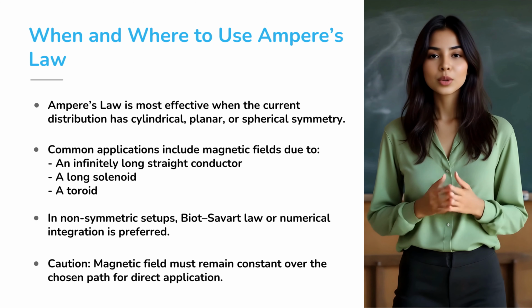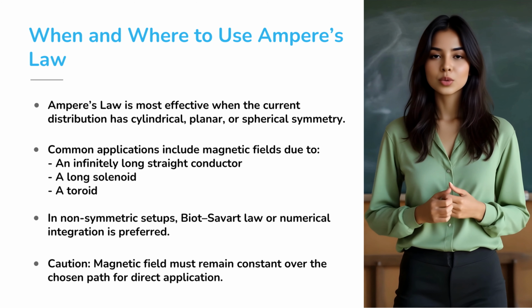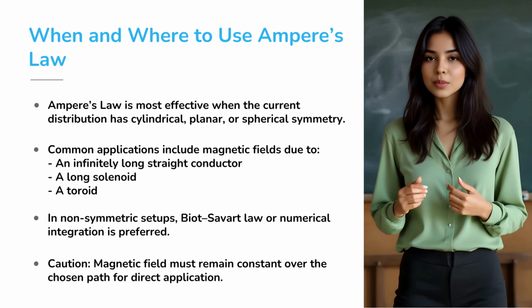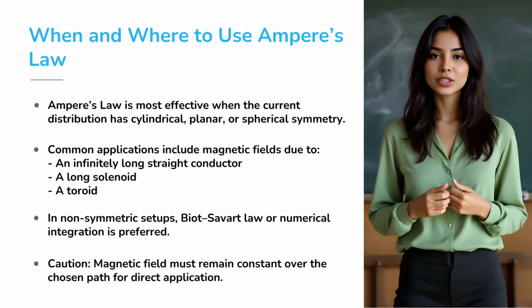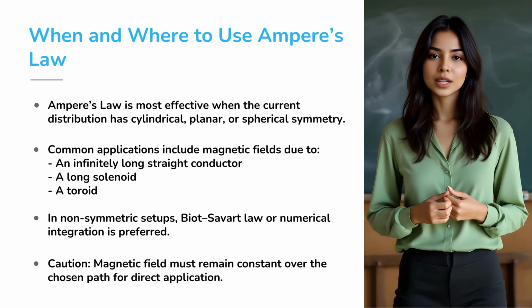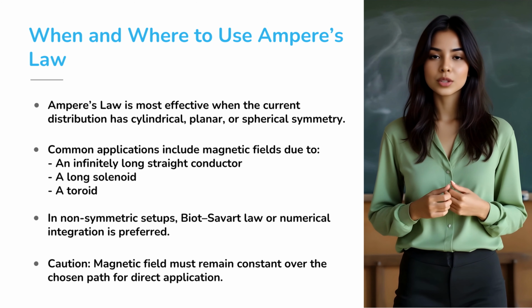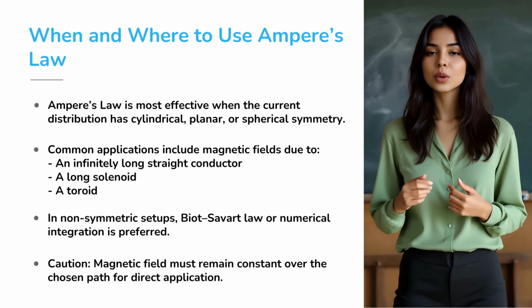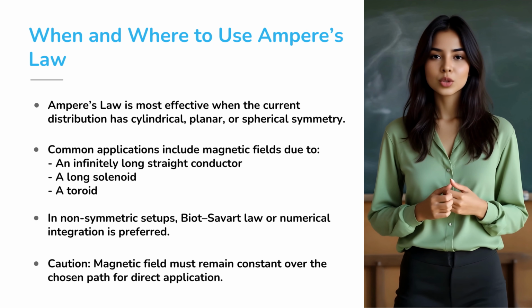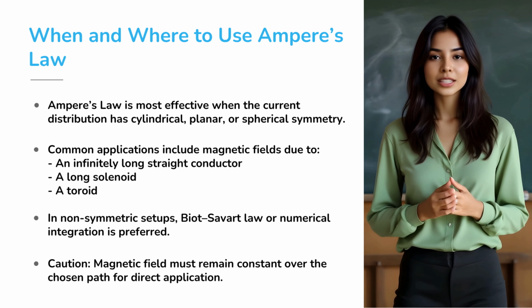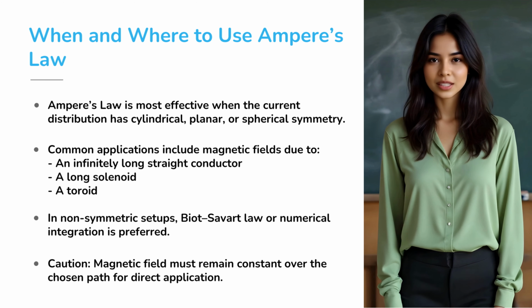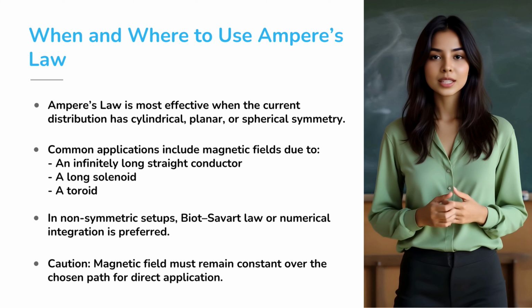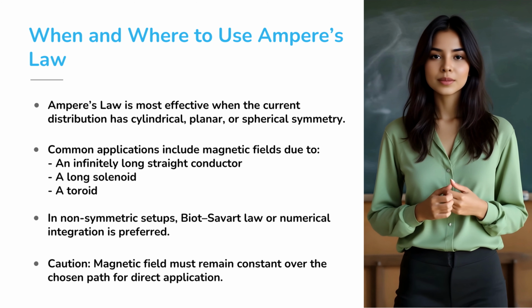Now, when do we pull out Ampere's law from our physics toolbox? Anytime we are dealing with symmetrical current distributions. For example, an infinitely long straight wire, a long solenoid, or a perfectly circular toroid. In these cases, magnetic field lines are neat and predictable, making the integral easy to evaluate.